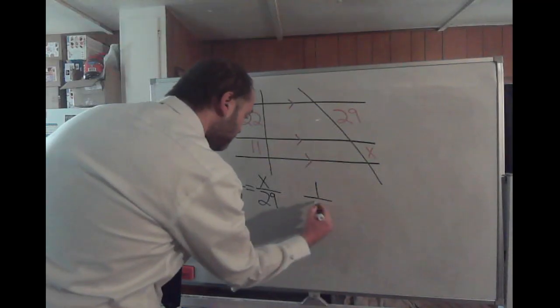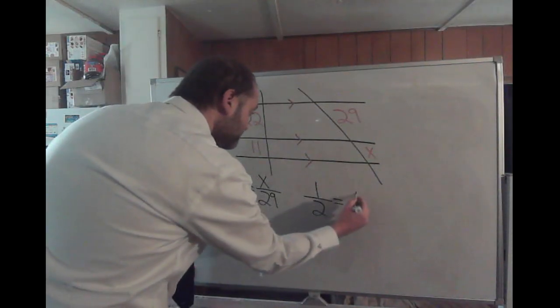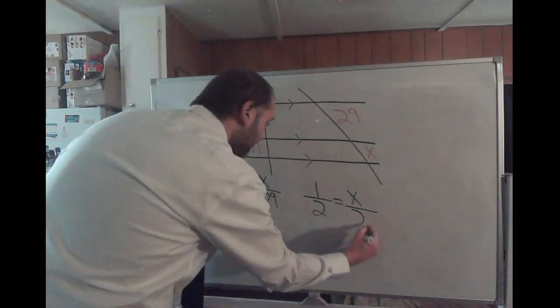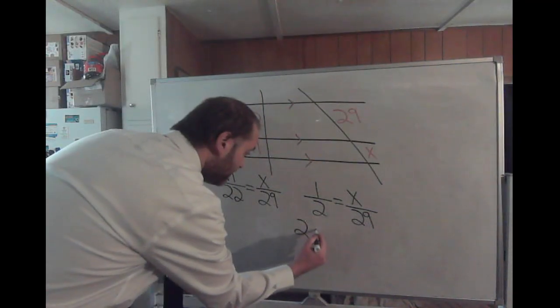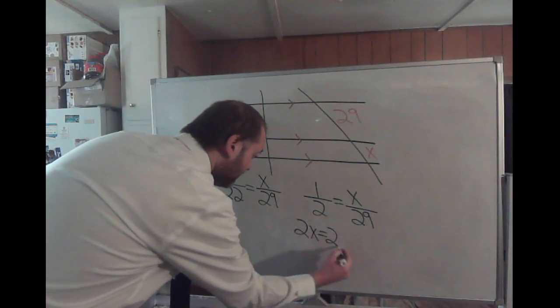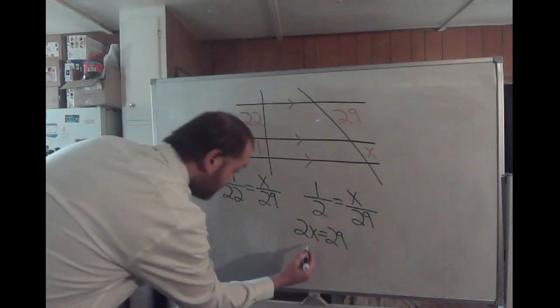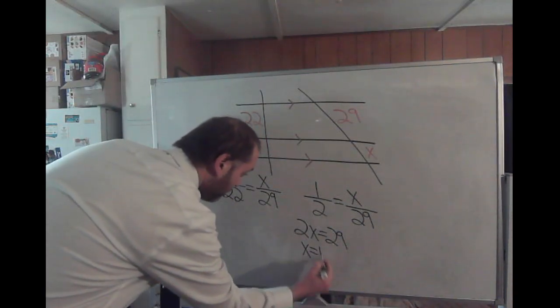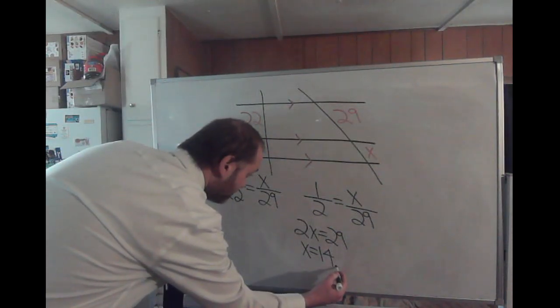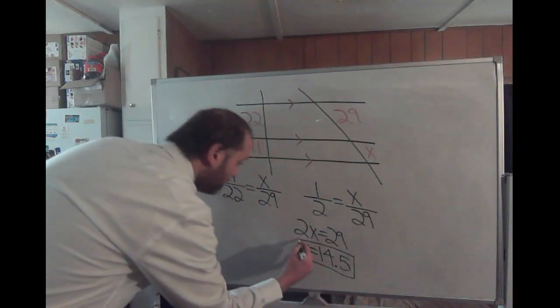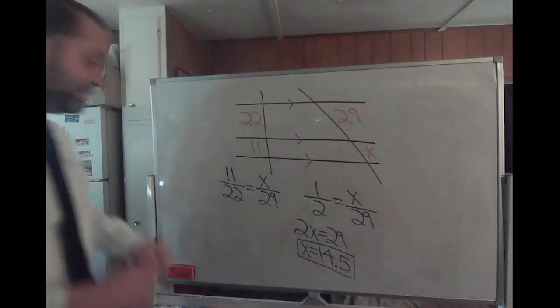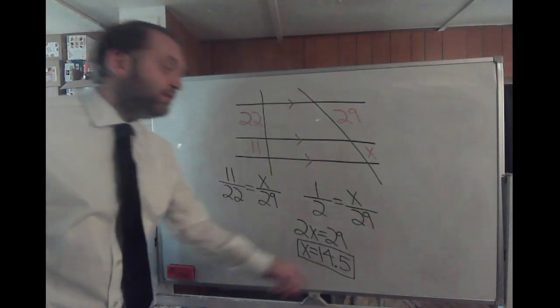This would turn into 1 to 2 equals x over 29. Which now when you do the cross product, you would get 2x equals 29, which would then just give you that x equals 14.5. 14.5 is half of 29, so x has a length of 14.5.